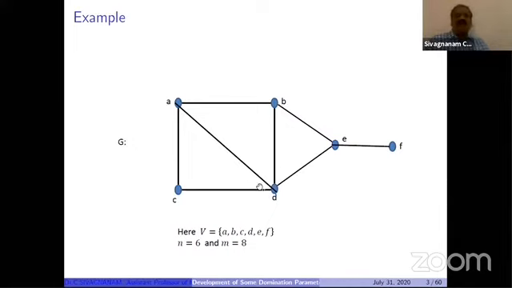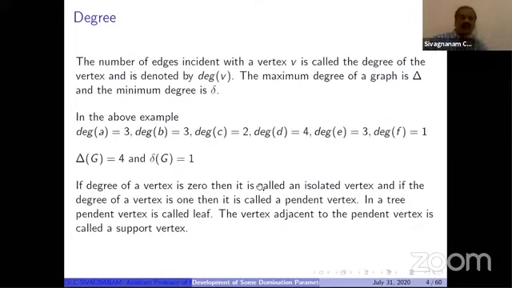So each and every vertex we can find the degree. What is the maximum degree? Already I told you, capital delta is used. In this example, the maximum degree is 4, so capital delta of G equals 4. Maximum degree is 4 and minimum degree small delta is 4.